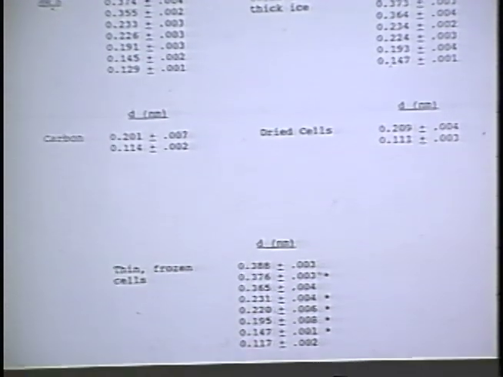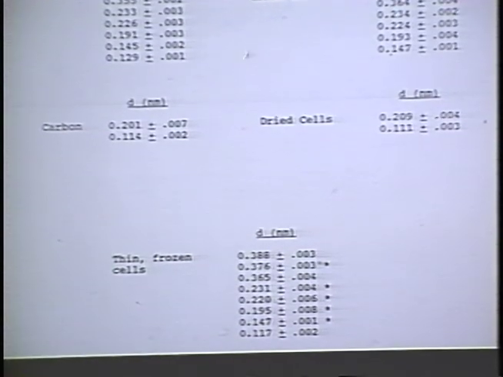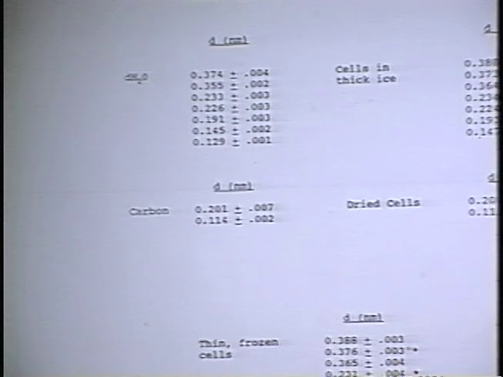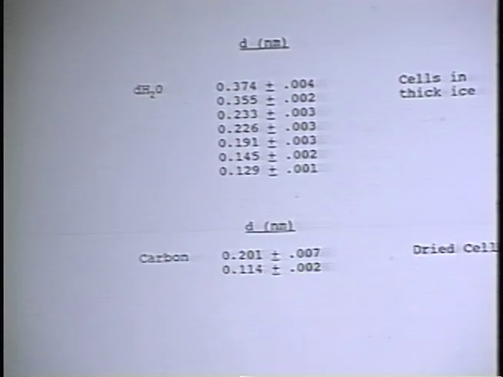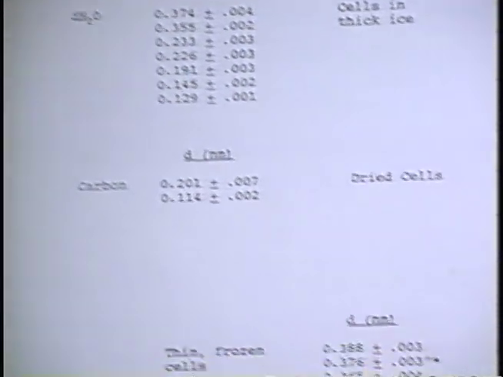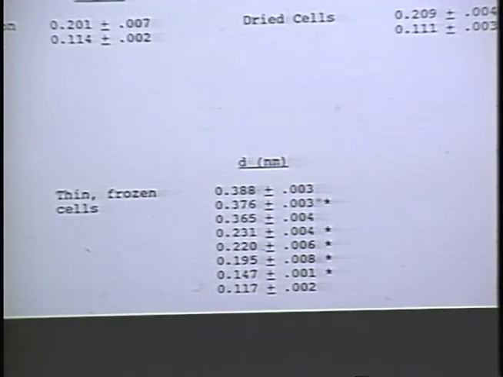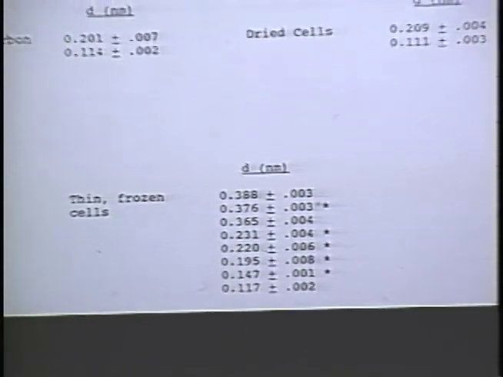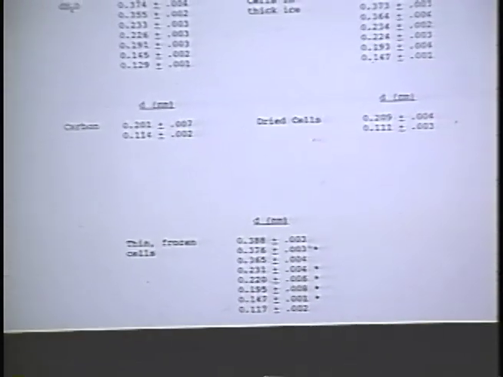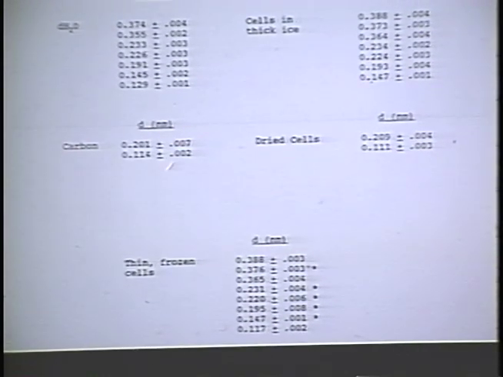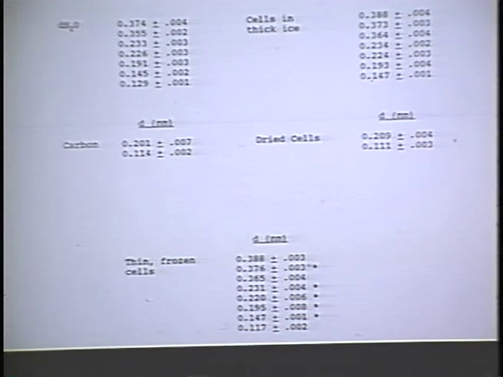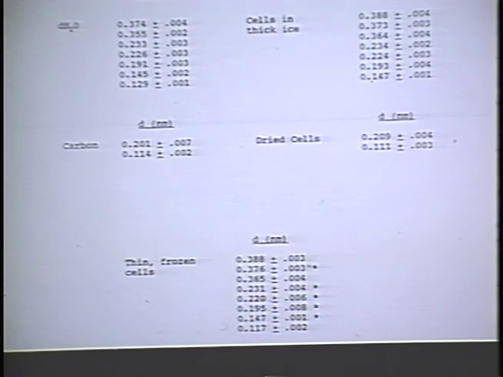We analyzed frozen grids of pure water and measured the d-spacings and found that similar d-spacings were present in the thin frozen cells in which detailed ultrastructure was visible. In contrast, dried cells or carbon films, which contain only 2 diffuse rings, have d-spacings which are different from the frozen hydrated material.